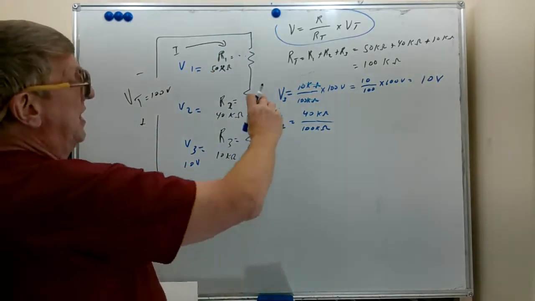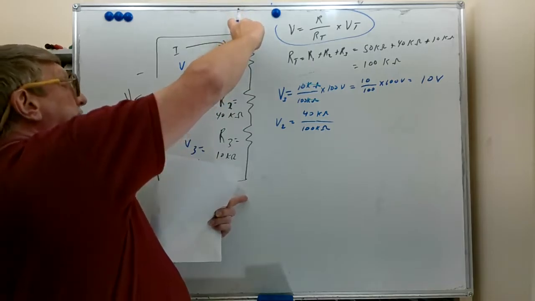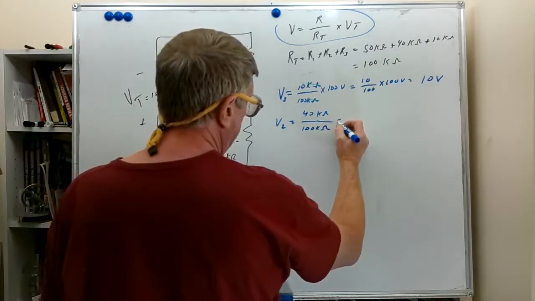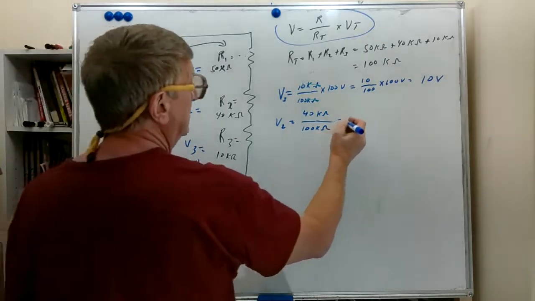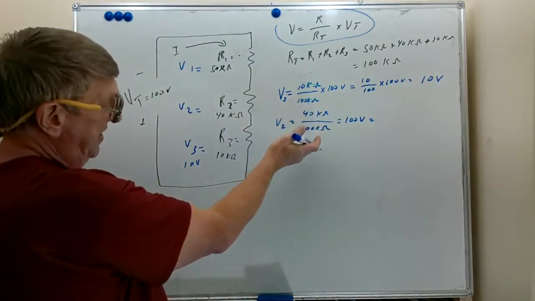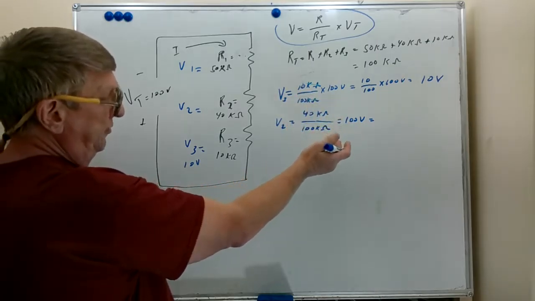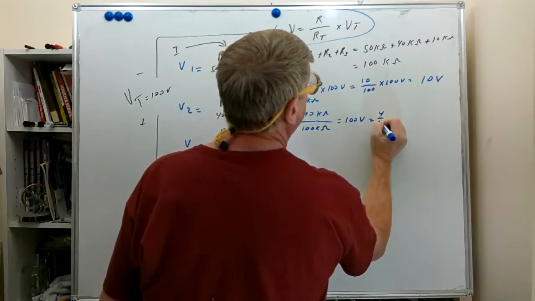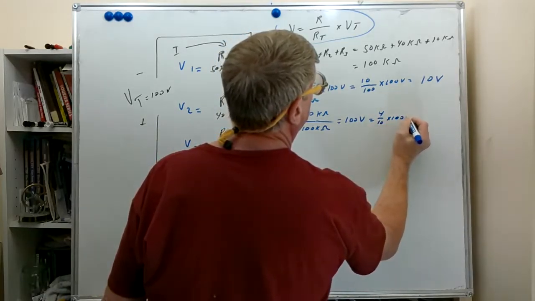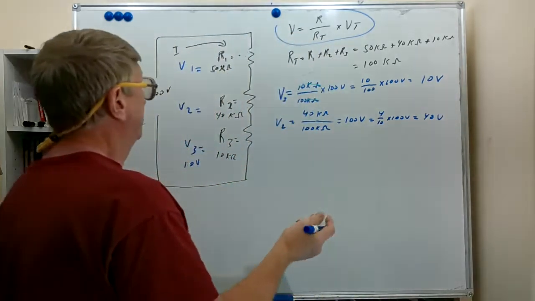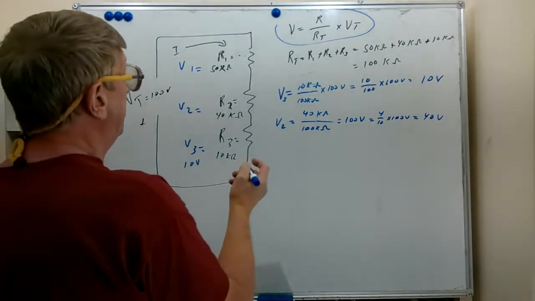That's a good way to look at it. And again, we've got 100 volts applied. This cancels out the K ohms, so this becomes 4/10 times 100 volts. Voila, there's 40 volts.